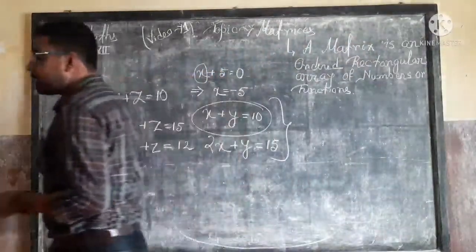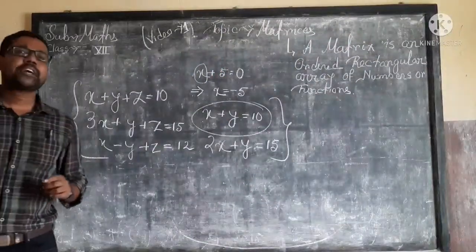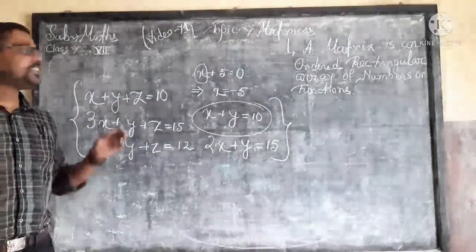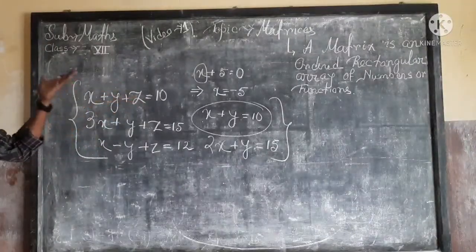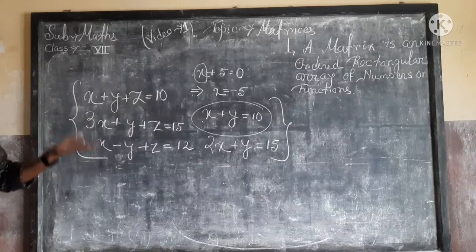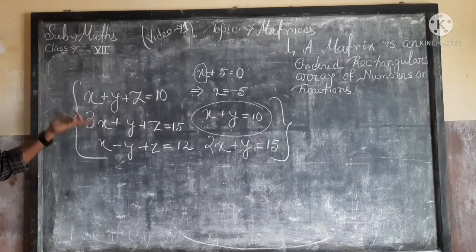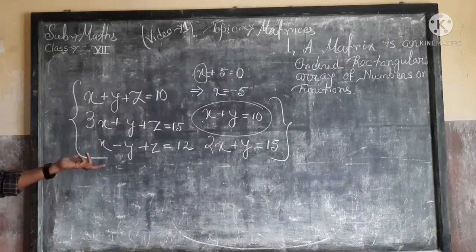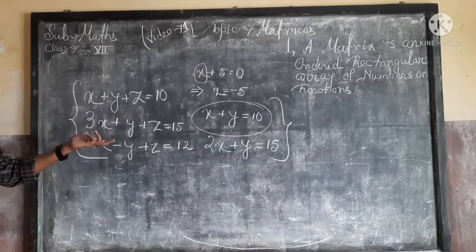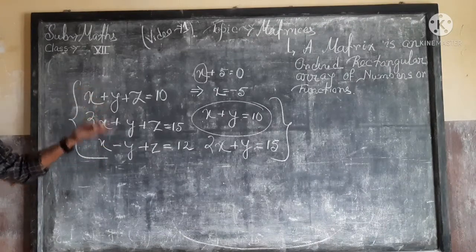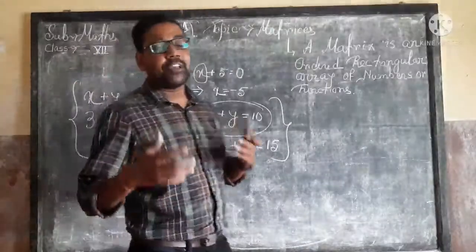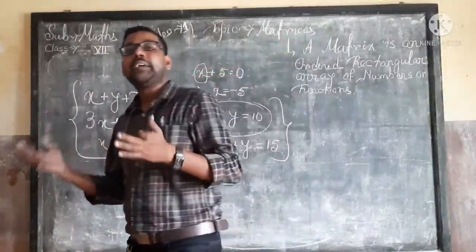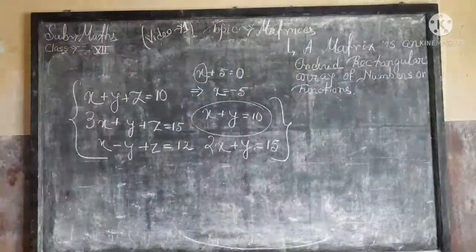But sometimes it is very tedious when the number of variables is 4 or 5, then we need to solve 5 linear equations. For 6 variables, we need 6 linear equations. So this is also a very big process, time-taking and tedious.